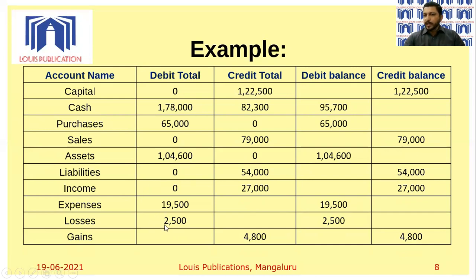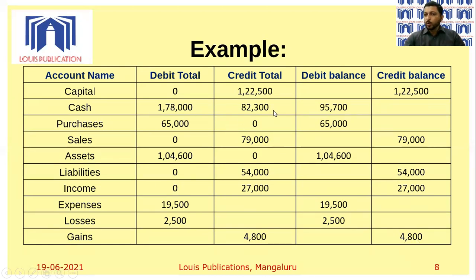Then losses, once again debited by 2,500 rupees, with no posting on the credit side of losses account. So I get a debit balance in loss account of 2,500. Then gains: credit all incomes and gains. No posting on the debit side of any gains account. Credit total is 4,800, so gain account shows a credit balance of 4,800.